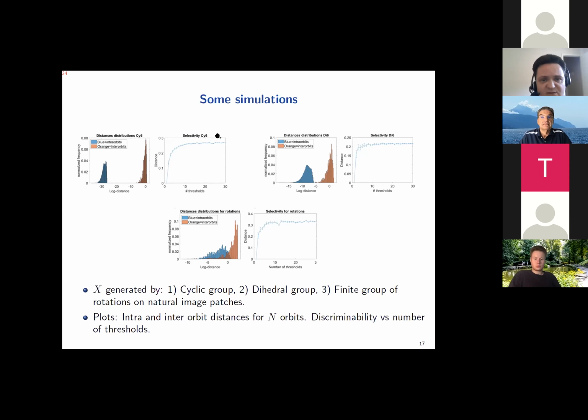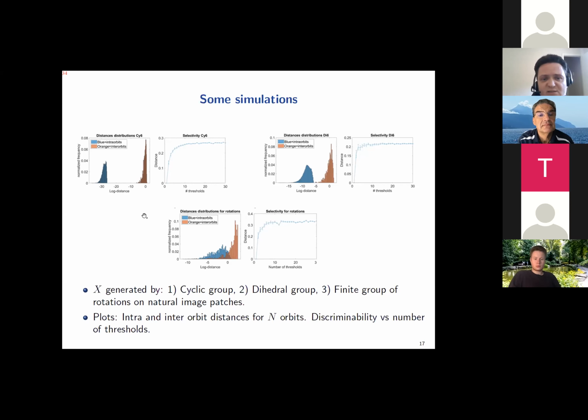In the other plot, just to show how important the role of nonlinearities is in the selectivity, I plot how the distance between two elements that do not belong to the same equivalence class changes as a function of the number of thresholds of my nonlinearity, so the number of nonlinearities.